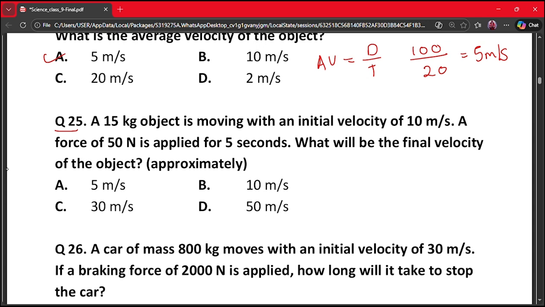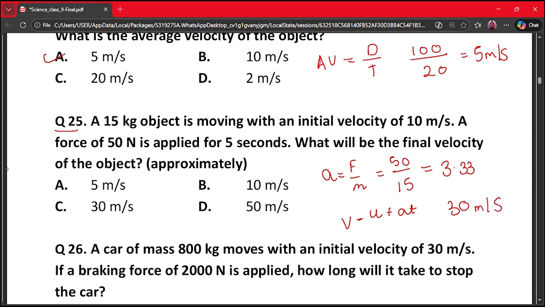So here we are going to use again the formula, A equals F by M. So if we substitute the value, it will be 50 by 15, which will give us approximately 3.33. So using V equals U plus AT, velocity is 30 meter per second. So our correct answer is option C.